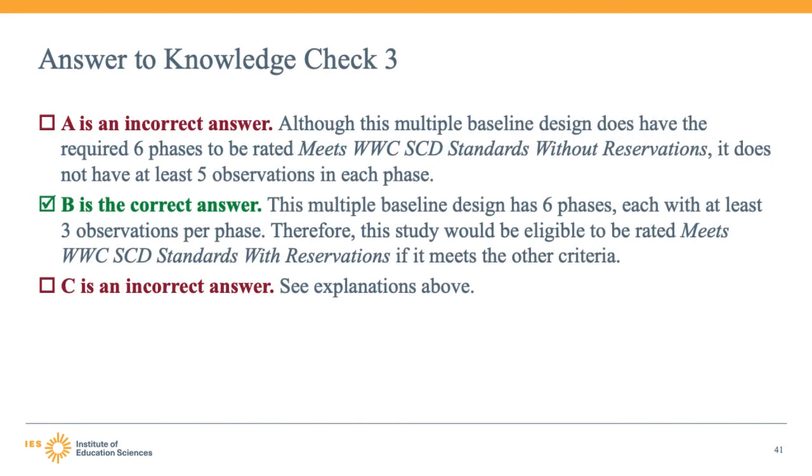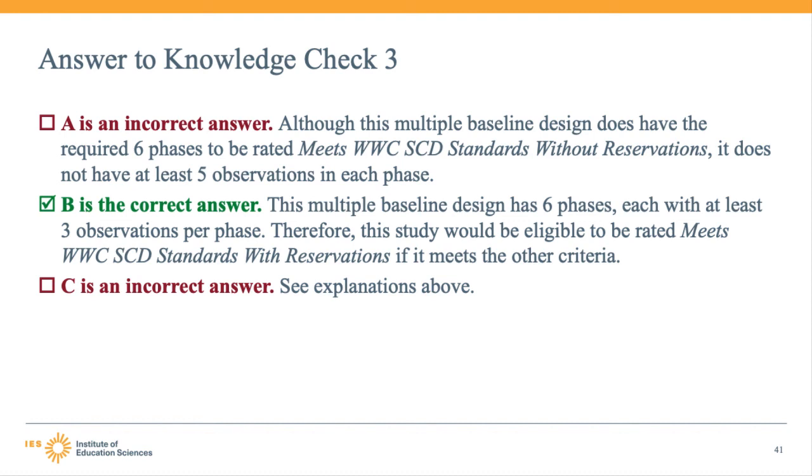The answer is B. The highest possible rating this study could receive is meets WWC SCD standards with reservations. This multiple baseline design includes 6 phases, and each of those phases includes at least 3 observations per phase.